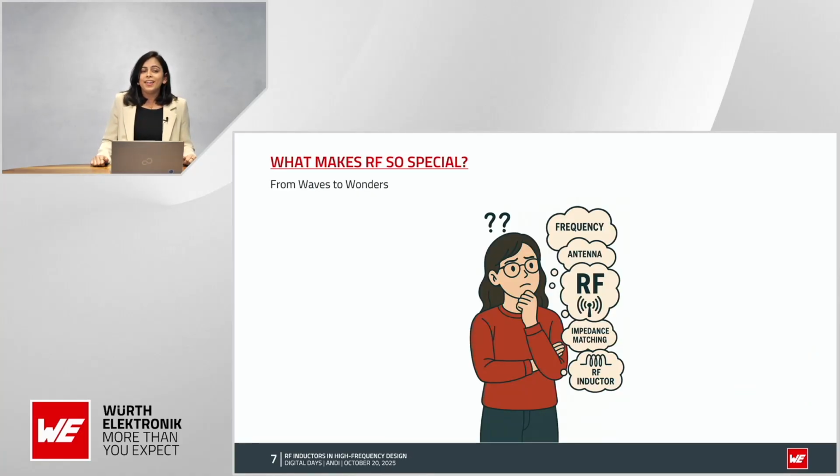Now, what makes the RF field so special? Is it actually special? Well, the RF field is not special because of physics. It follows the same Maxwell's equations, but it is special because of how those laws of physics behave at higher frequencies.